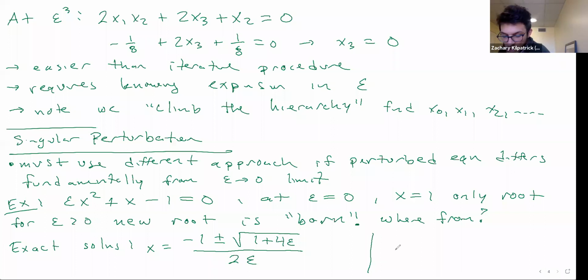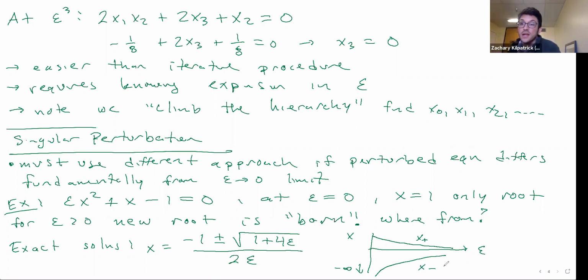And I can show that here, right? If I plot these roots as a function of epsilon, then the plus root is just emerging from 1, right? So this is x plus, okay? But the minus root is arising from minus infinity.